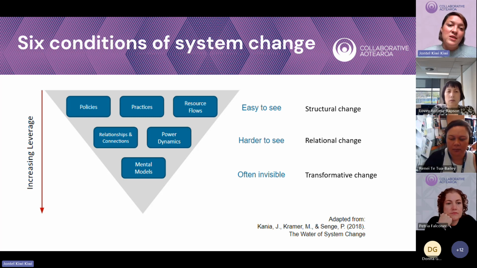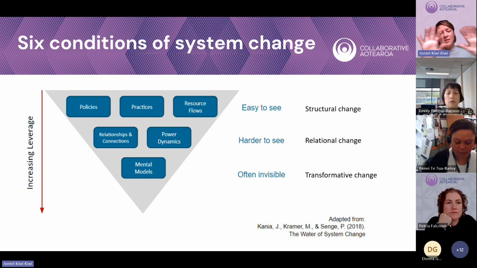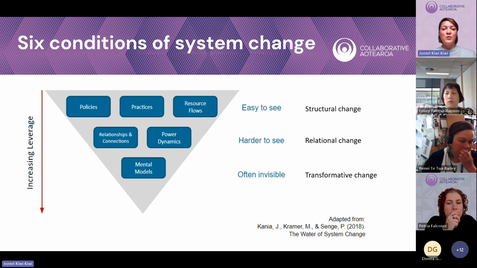If we have a look to the left here, the leverage arrow which goes down, increasing leverage, there's a whole separate set of models that go along with this that break down aspects of a system. We should really be moving down towards those mental models and heart and mind changes if we're going to really create change that's going to last and be meaningful and have buy-in from everyone involved.